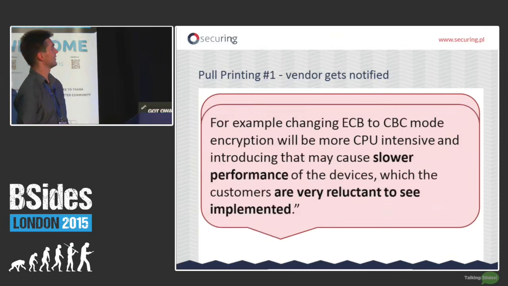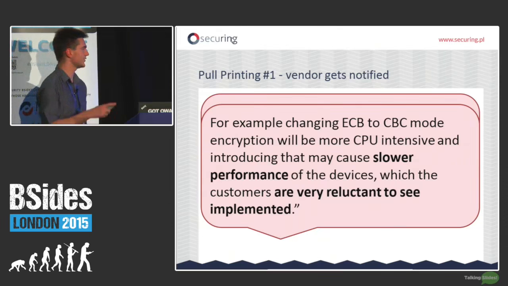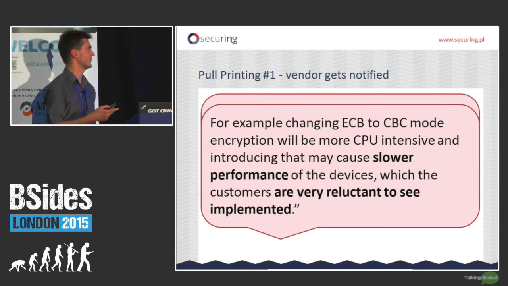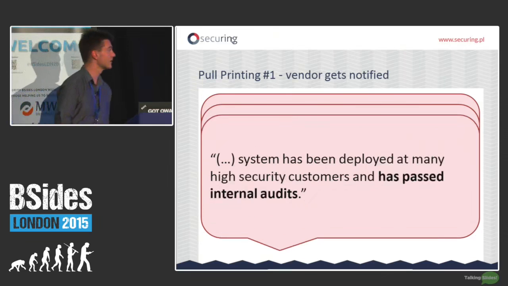Well, they claimed that changing ECB to CBC mode of encryption would cause slower performance, and their customers would be very reluctant to see it implemented, right? Well, actually, on single-threaded processors, changing ECB to CBC mode of encryption does not cause slower performance.